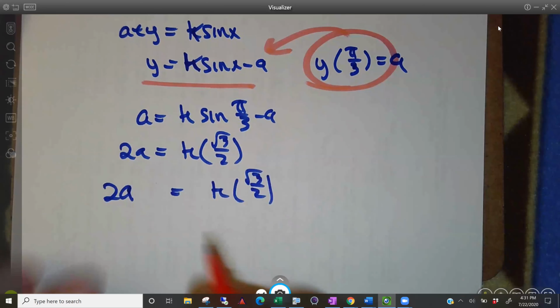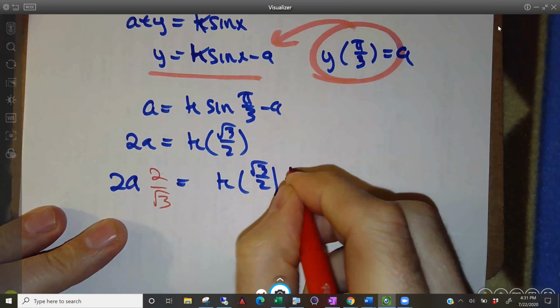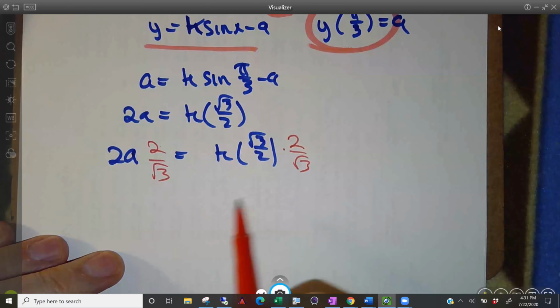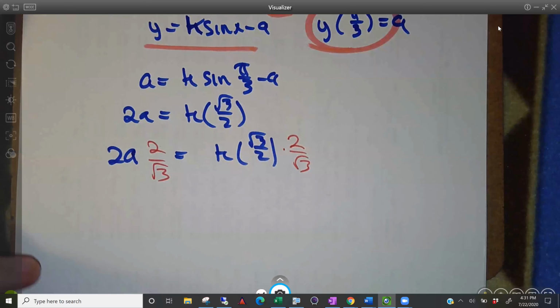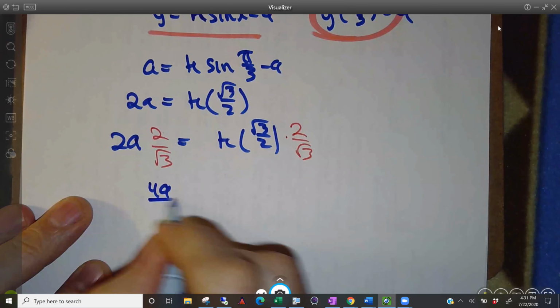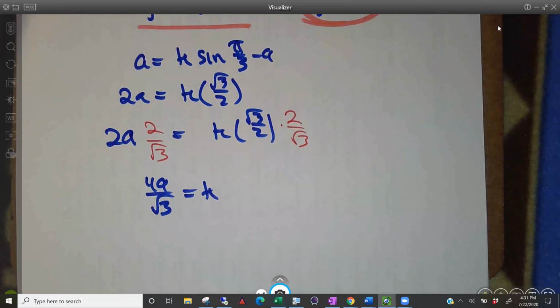Reciprocal in this case is going to be 2 over the square root of 3. Everything here is going to cancel. On the left-hand side, I'm going to get 4a over square root of 3 is my value for k. And that's a 4a, not a 49.